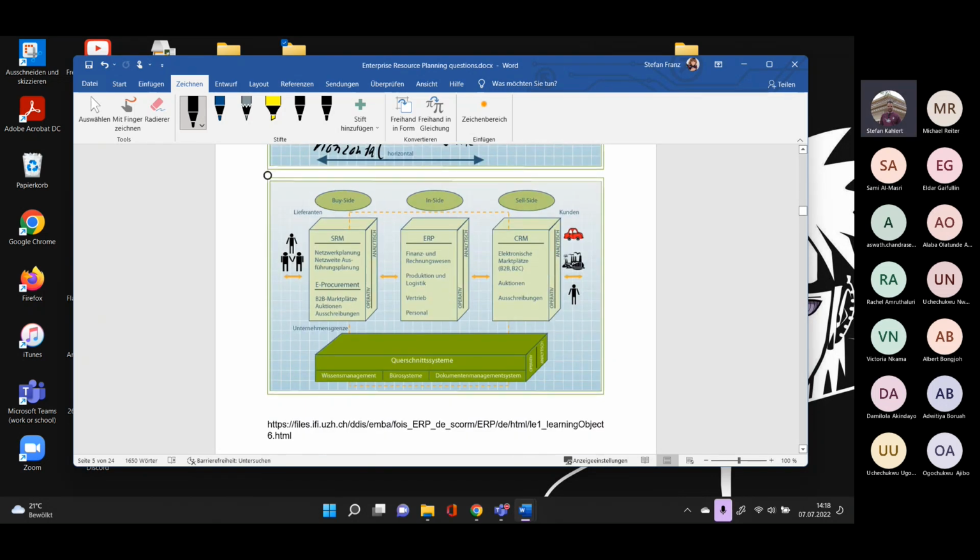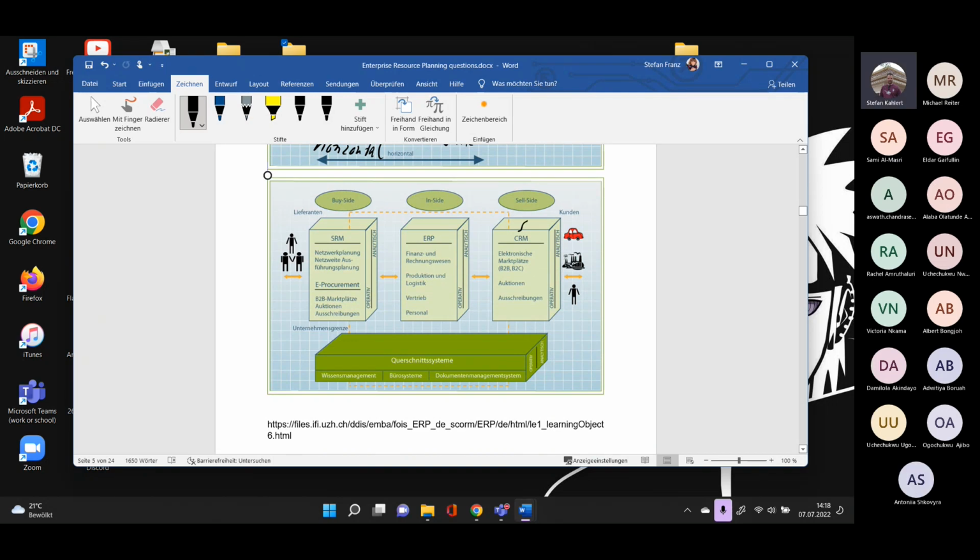You see here, CRM is a typical sales tool, right? It has something to do with selling, but you also have the in-house administration with finance, production, human resources. You have planning stuff. And these are called Querschnittssysteme, where you also have databases on knowledge and document management systems.